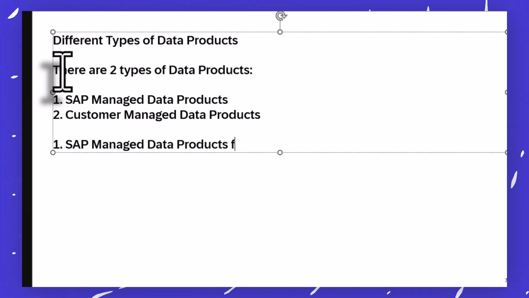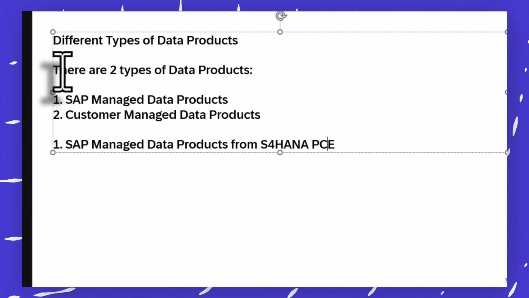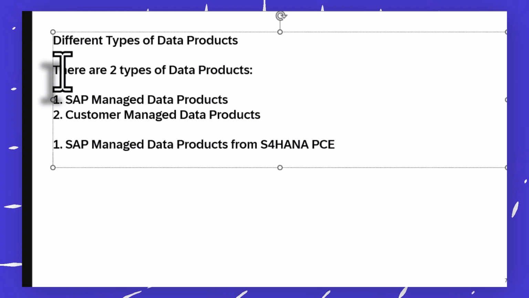Data products from S4 HANA PC. I hope you know what S4 HANA PC is, right? S4 HANA PC is nothing but a private cloud. Now coming to the data products, what are the different types of SAP managed?